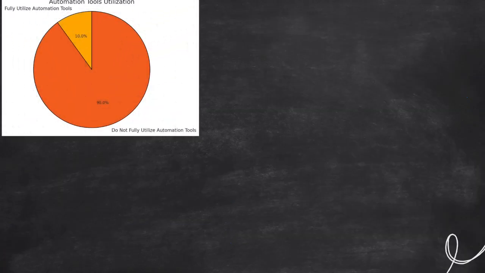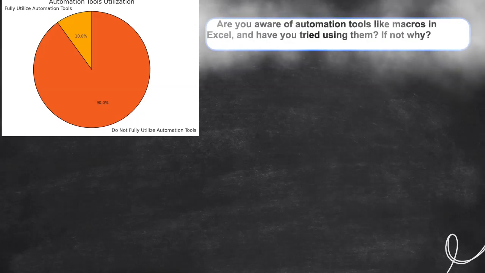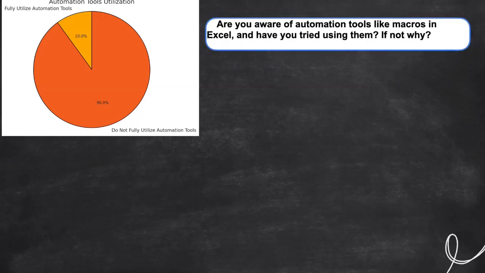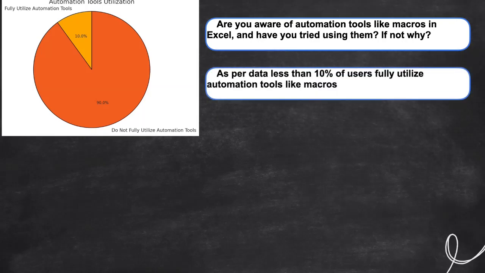Moving next, let me bring your attention to a significant gap in how businesses are utilizing automation tools. Friends, according to a survey conducted by Spiceworks, less than 10% of business users are fully aware of automation tools like macros in Excel.